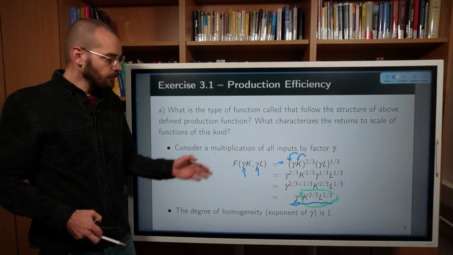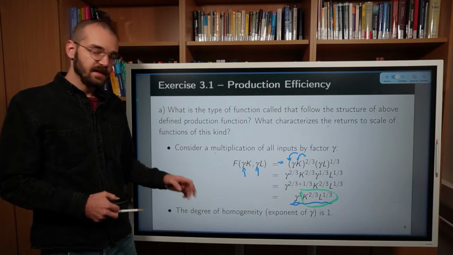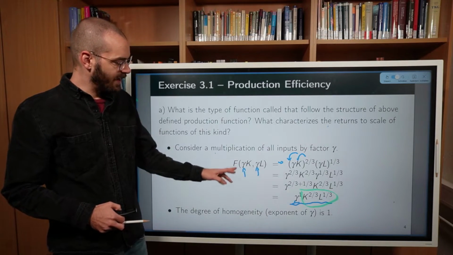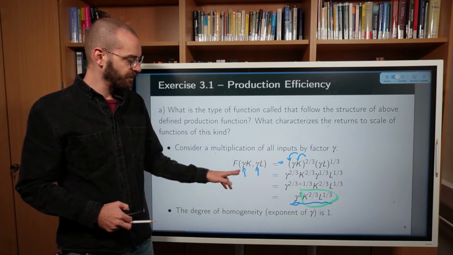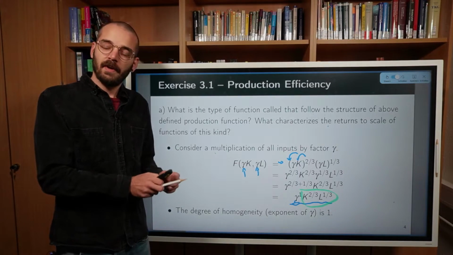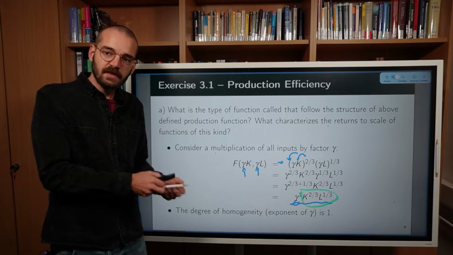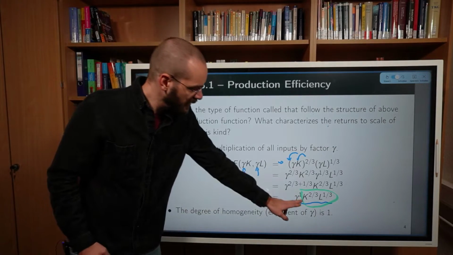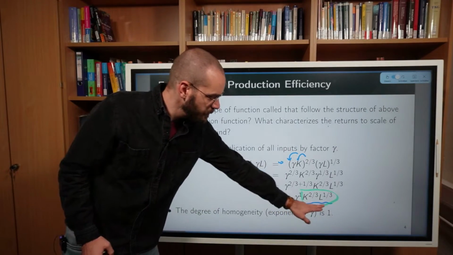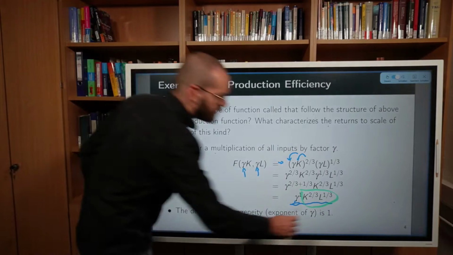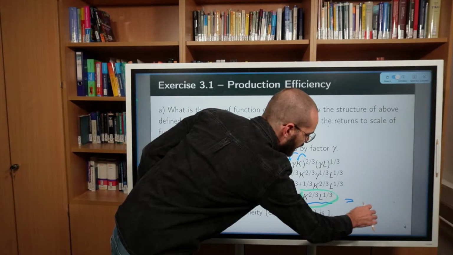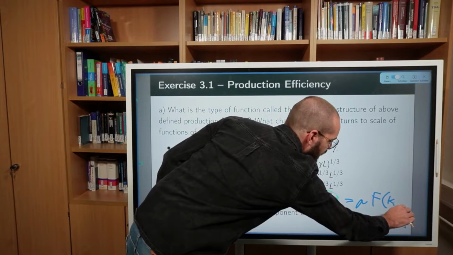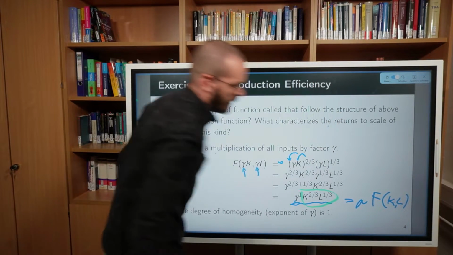So, what we now know is that if we multiply each input by some factor gamma, then by the way we specified this production function, the output equals the same output that the function gives without putting in this factor gamma, multiplied with factor gamma, right?